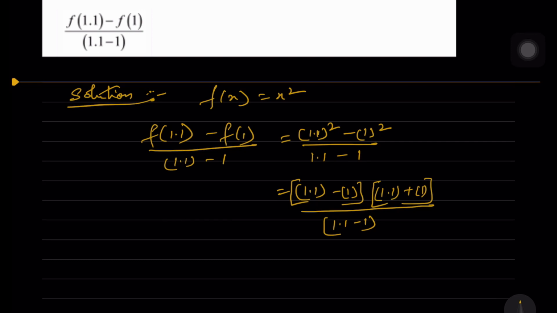The 1.1 minus 1 in the numerator and denominator get cancelled. So you get 1.1 plus 1, which is equal to 2.1. That is the answer.